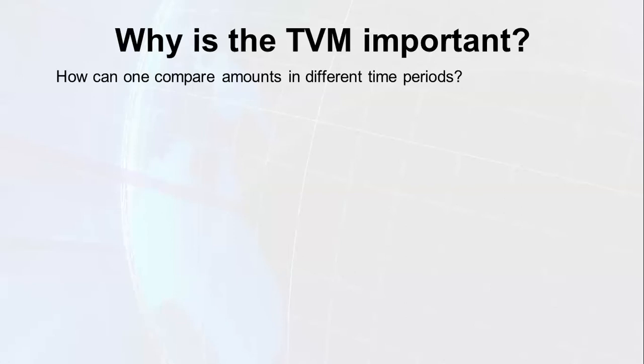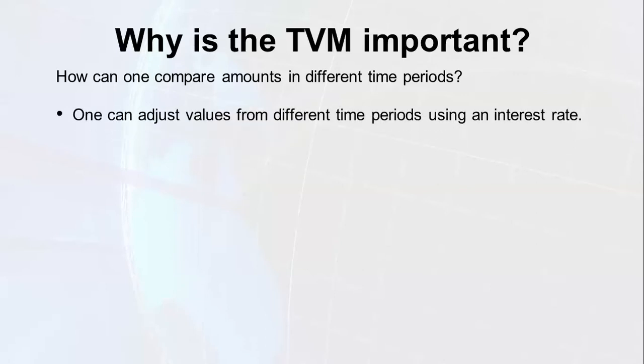Yes, we can compare. They are both fruits, but we want to compare in more specific terms. How do you convert an apple to an orange or an orange to an apple so that it's easy to compare?